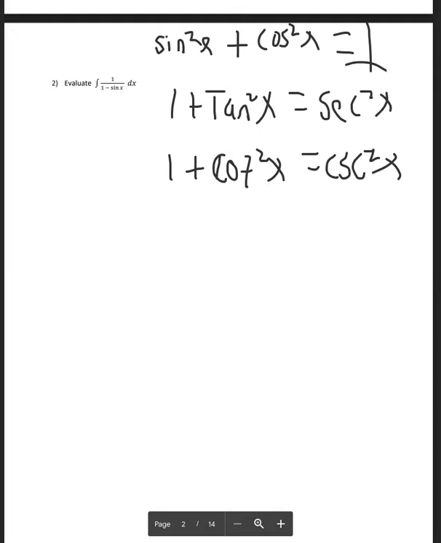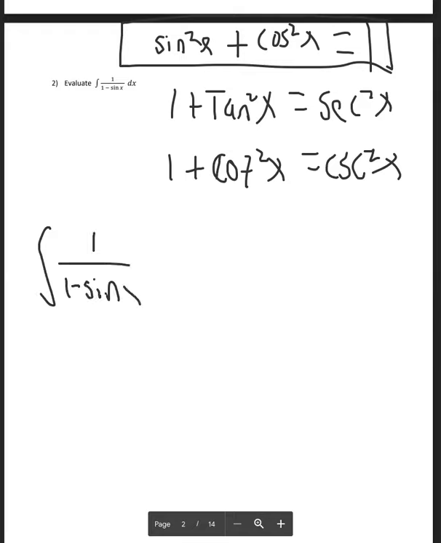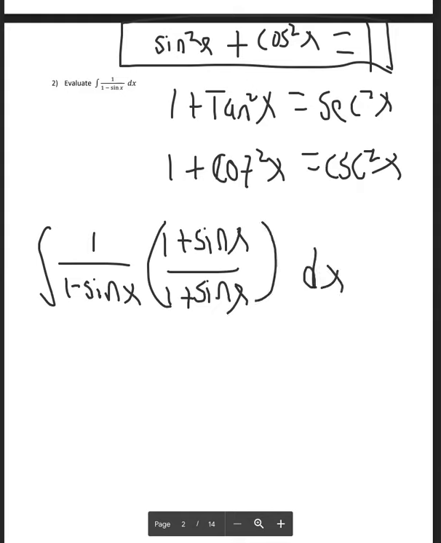I'm primarily relying on this one for this problem. So when you multiply by the conjugate, 1 minus sine of x, remember what you do to the bottom, you also have to do to the top. So when you do this, you get 1 plus sine of x.